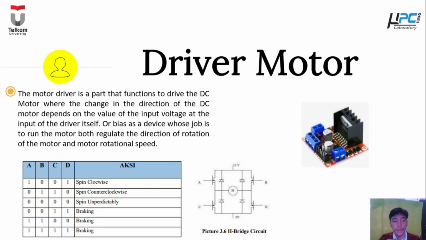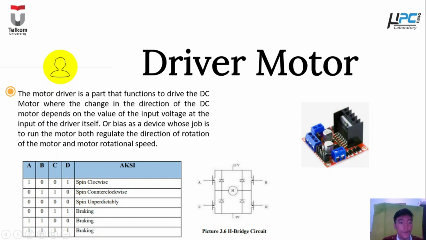It is a device whose job is to run the motor, regulating both the direction of rotation and the motor rotation speed. This is a driver motor, and this is the circuit diagram of the driver motor. This is the table of how the driver motor works.